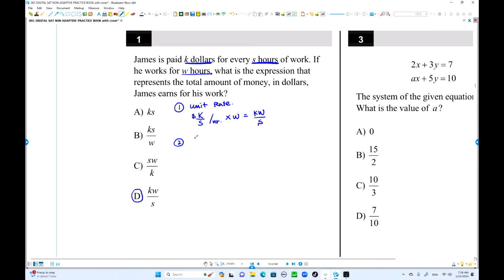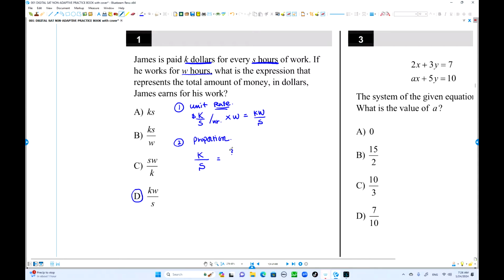The next one is you can also use a proportion. Proportion is what, with the same rate. Actually, this is the rate, so K over S, K dollars for S hours. The rate of this one must be equal to the money over here.